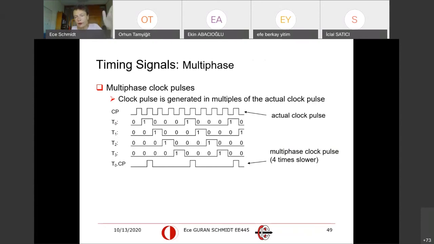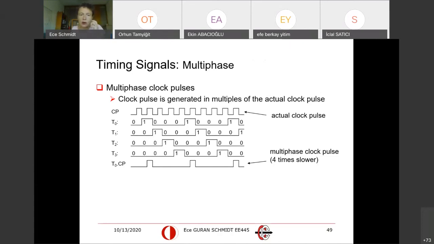So first this signal happens, then this signal, then that signal, then that signal, and then again the first signal happens and so on. So how to generate different timing signals that are separated by a certain number of clock pulses and that are following each other.